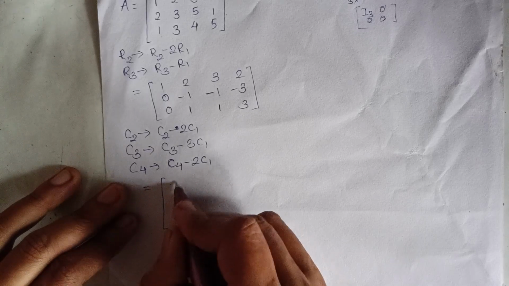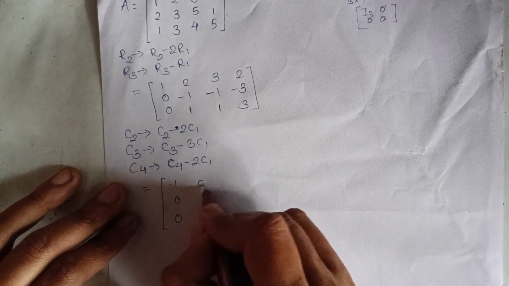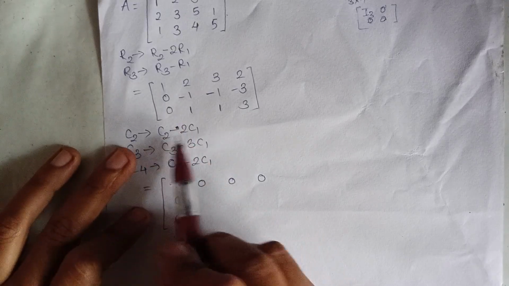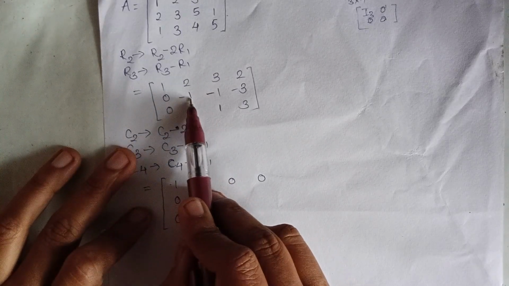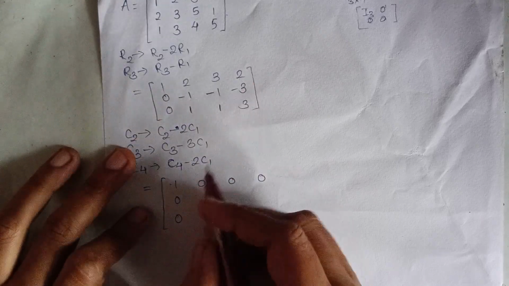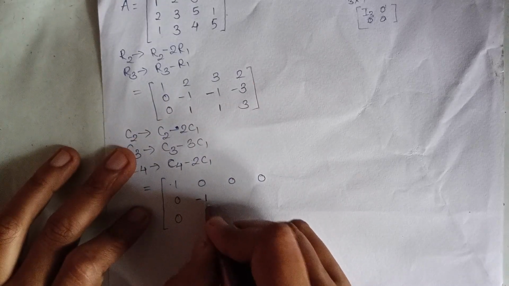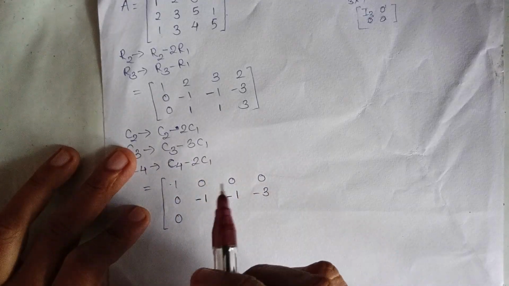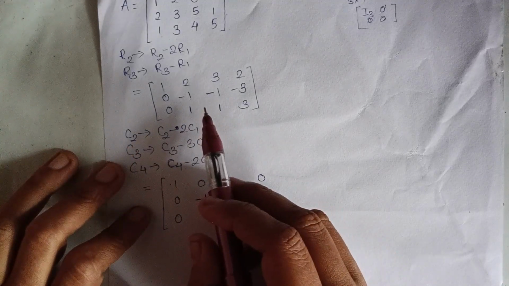So this reduces to 1 0 0 0 0 0. C2 minus 2C1, so this remains same. Minus 1, minus 1, minus 3.